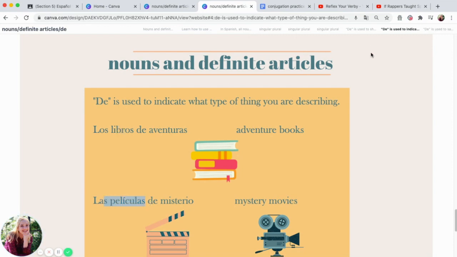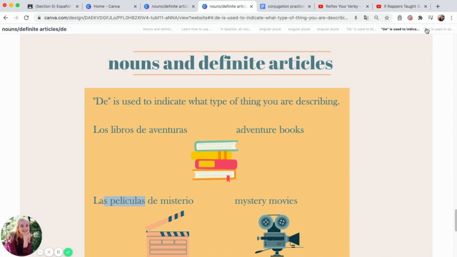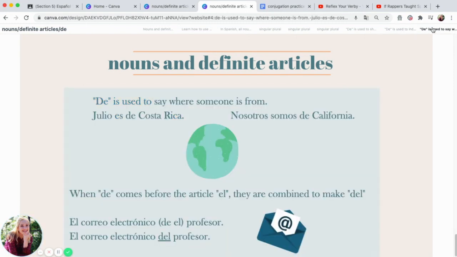So again, think in your head, de usually translates more or less to from or of. Okay? And lastly, so possession, relationship, category or type, and where we're from.